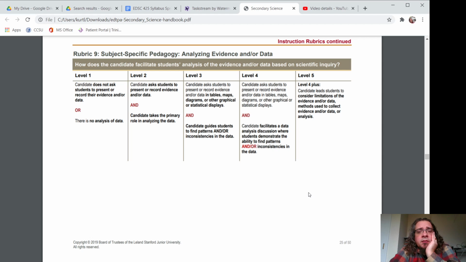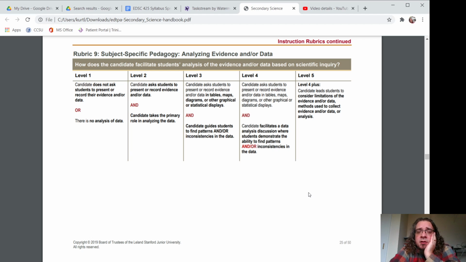And then level 5, candidate leads students to consider limitations of evidence and or data, methods used to collect evidence and or data and or analysis and or. Okay, anyway, what's the point?